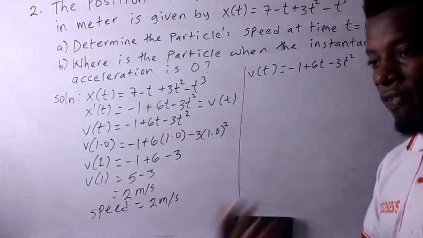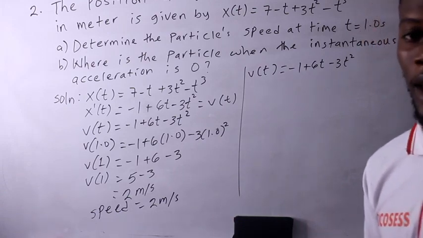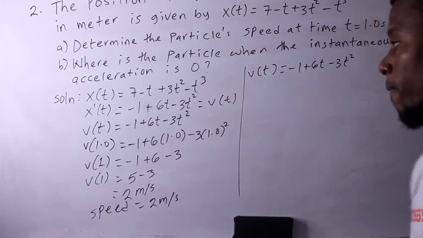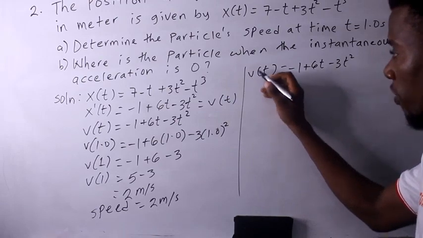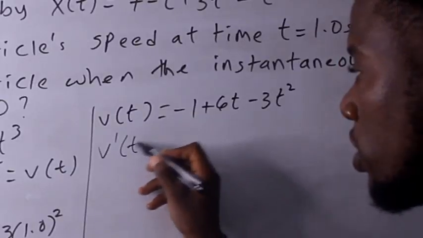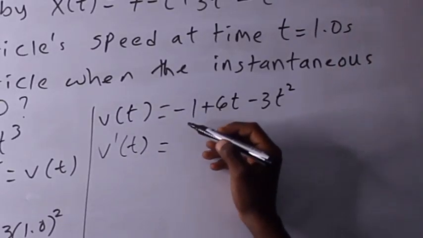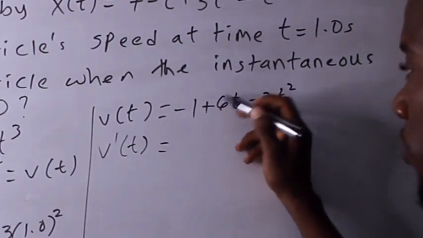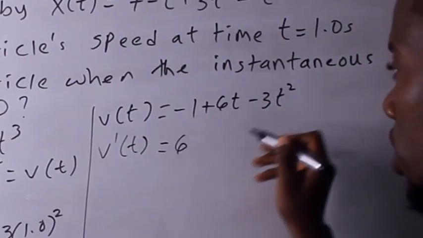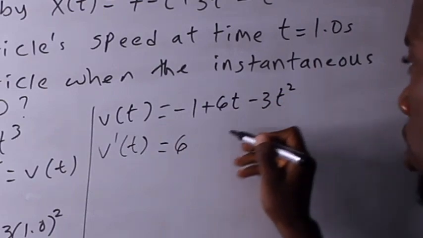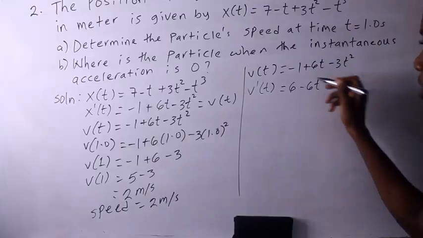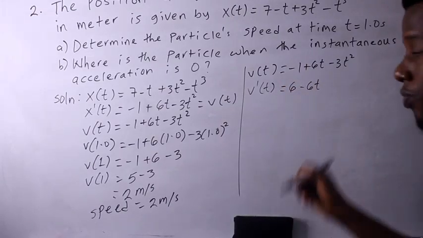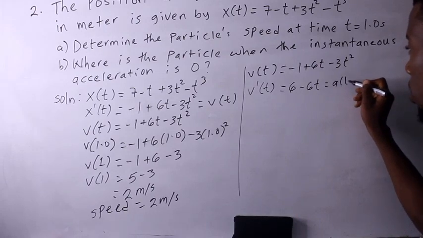So when the particle changes velocity with respect to time, it attains what we call acceleration. So the derivative of the velocity function, v prime of t, is equal to the derivative of negative 1, which is 0, the derivative of 6t, which is 6, and the derivative of minus 3t squared, which is minus 6t. This is the acceleration of the particle, a of t.